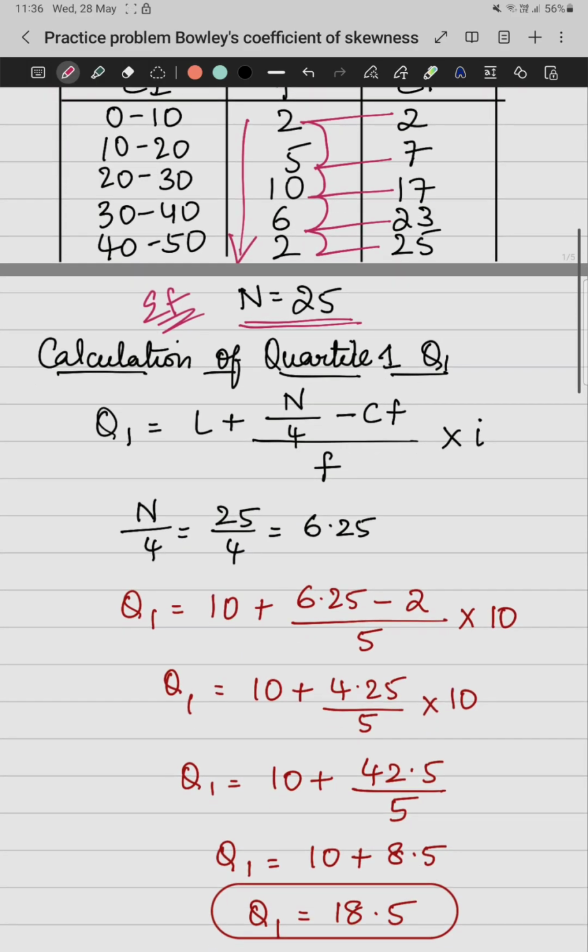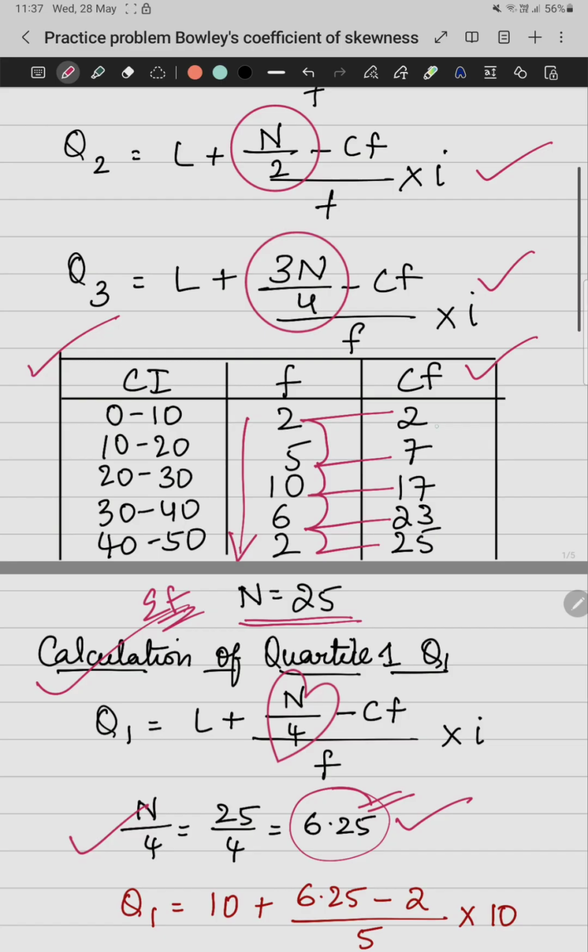Okay, so now we formulated the table, we found out cumulative frequency and we found the N value. Now we are going to do the calculation for the first quartile. As I already mentioned, we will find out N by 4. So what is N by 4? N by 4 is 25 divided by 4, that is 6.25. So you have to see where the 6.25 is lying in the cumulative frequency. 6.25 comes in between 6 and 7. So this becomes our Q1 class.